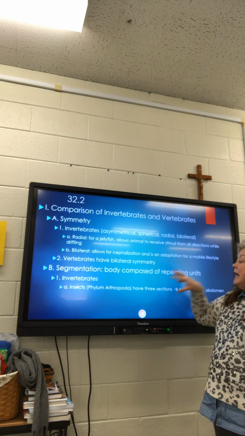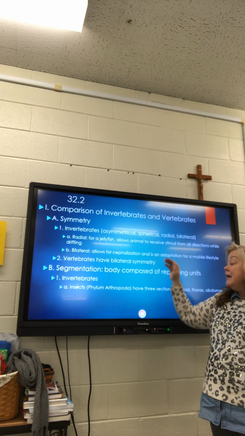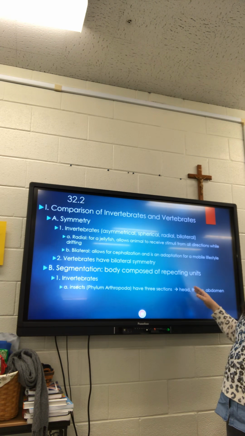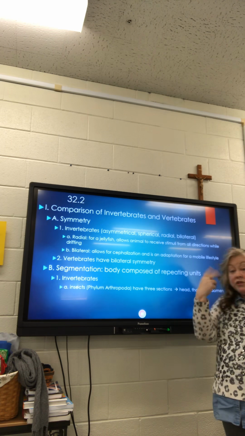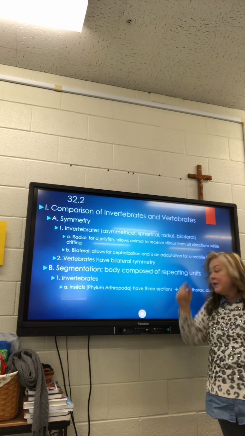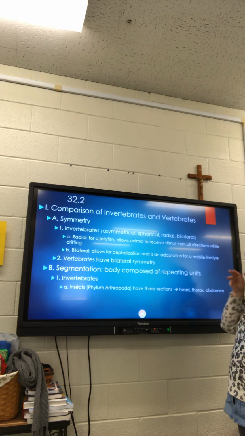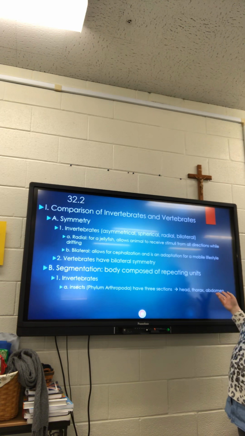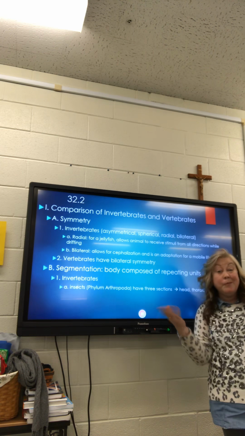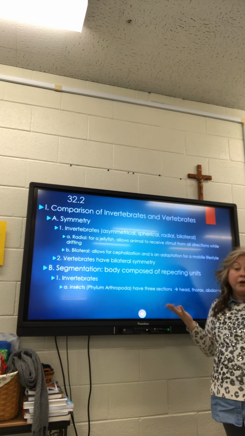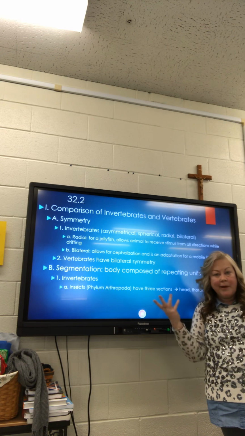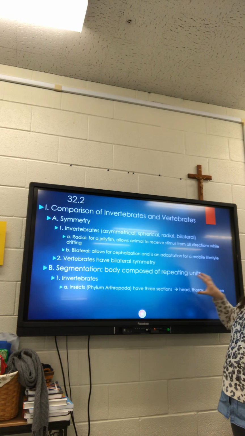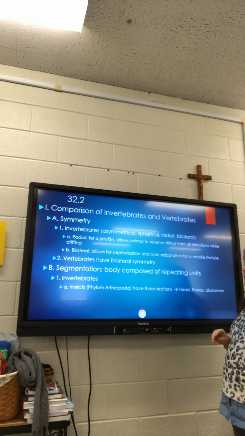But invertebrates such as insects, found in phylum Arthropoda, arthro meaning joint, arthropoda are your jointed foot animals, they have 3 body sections: the head, where you've got sensory organs, antennae, and mouth. You've got the thorax having wings and legs, and then you have an abdomen, which is like the tail and the posterior of the animal. Maybe it has a stinger, I don't know. Maybe it has an ovipositor like a grasshopper, I don't know. But here's an example of how invertebrates can be segmented.